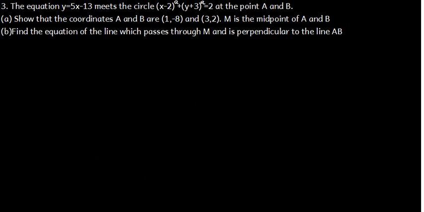The equation of the circle is (x − 2)² + (y + 3)² = 2, at the points A and B. So let's just try to see what is happening here. We can try to see the diagram which we are talking about at this point.